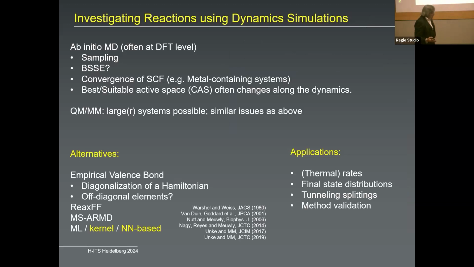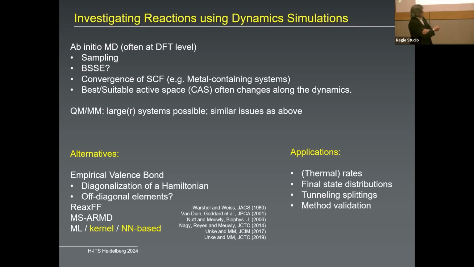There are different ways of doing things. What many of you will know is ab initio MD, which often is done at DFT level. There are a couple of technical aspects, such as basis set superposition error, converging the Hartree-Fock, choosing an active space if you do electronically excited states.